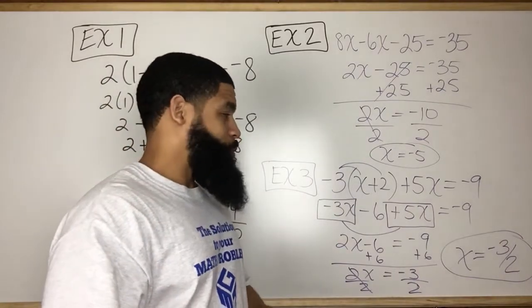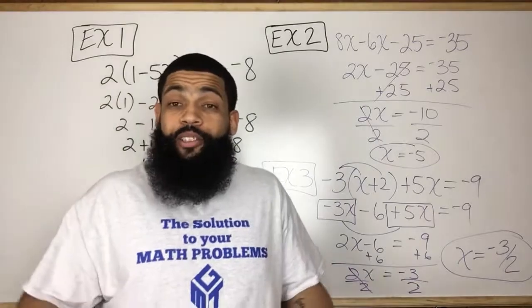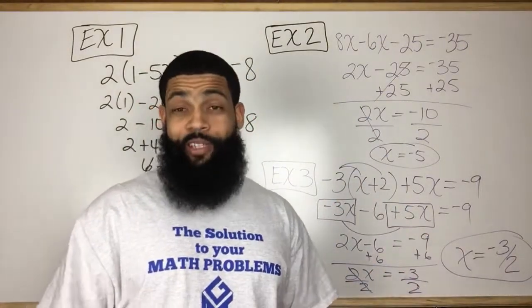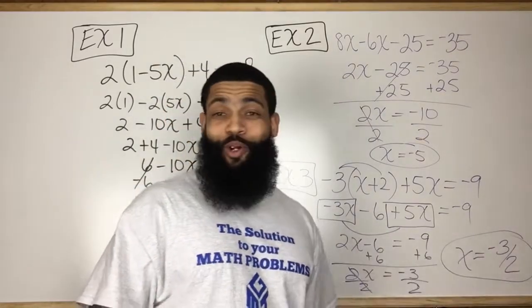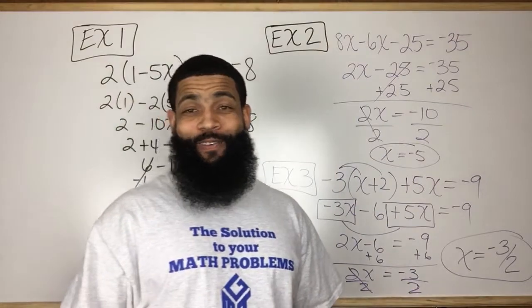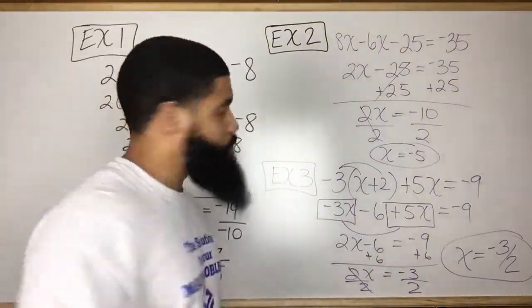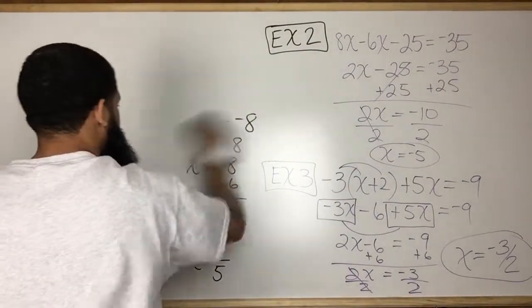All right. So, there you have it. And once again, for the sake of time and space, I'm not going to plug that back in. But I have worked it out before I recorded this video, and I promise you, negative 3 over 2 will work out if you plug it into both sides. So let's go ahead and get into one more example. Let's erase all of this.